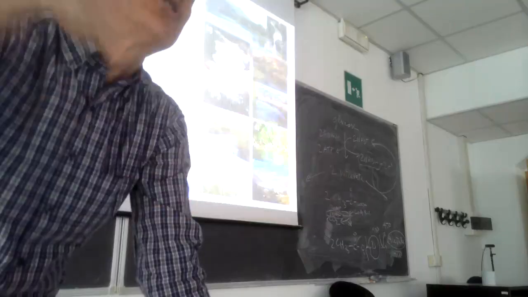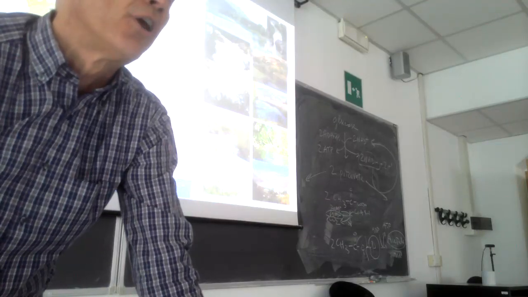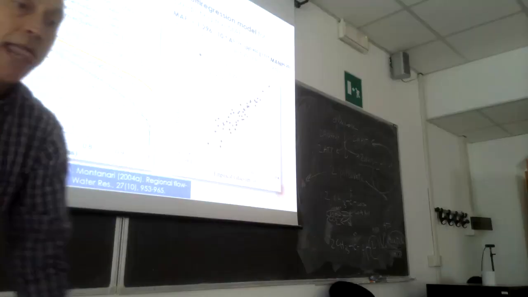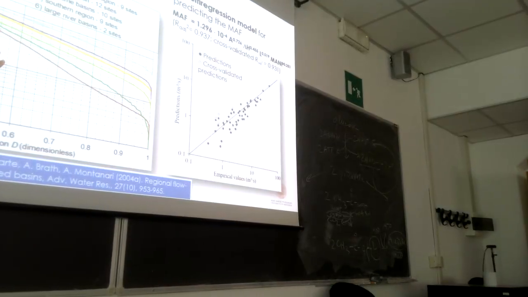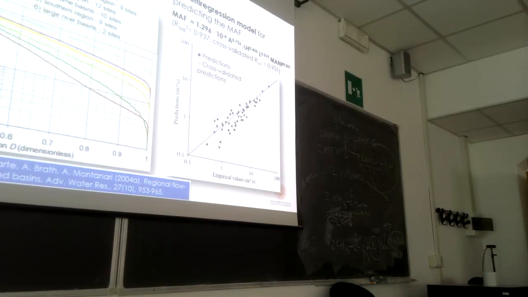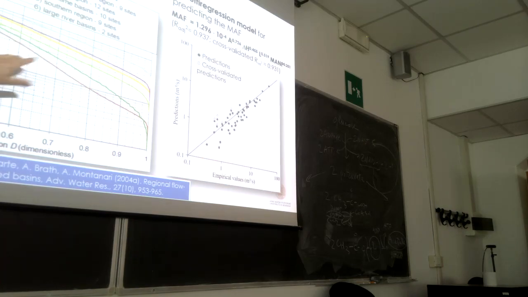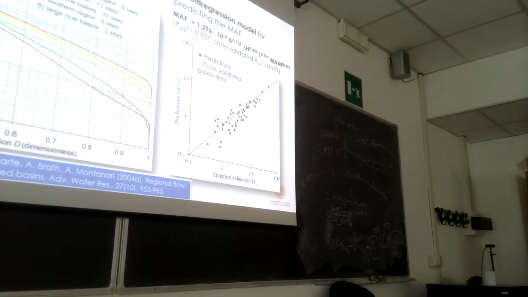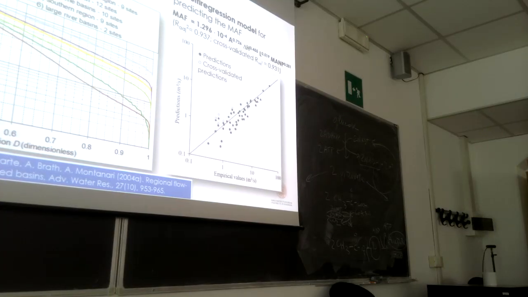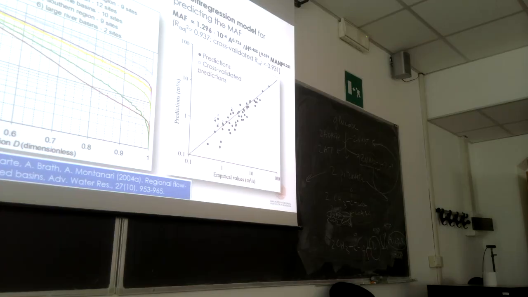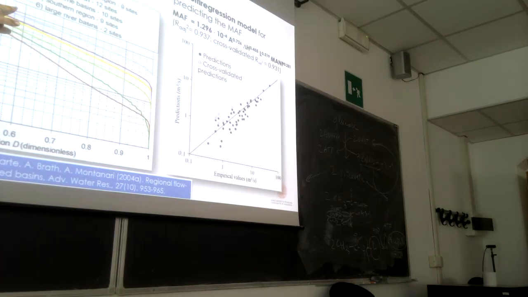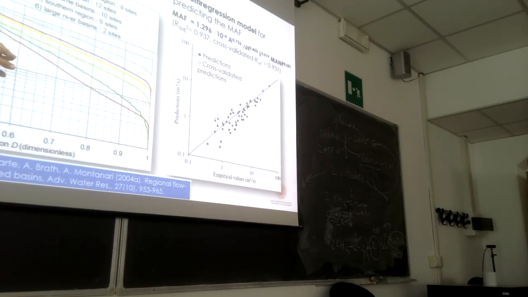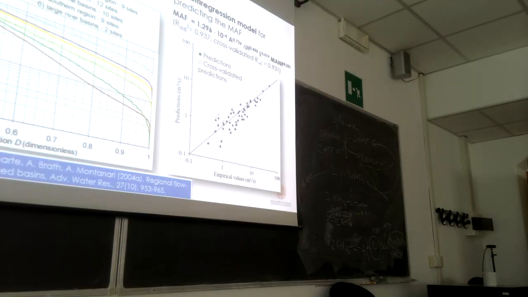Here you see the dimensionless flow duration curves that were obtained as averages. For example, the yellow curve is the average of all the dimensionless flow duration curves that you can construct for this group of catchments. The brown one is the average of the empirical dimensionless flow duration curves of all the catchments in this region.